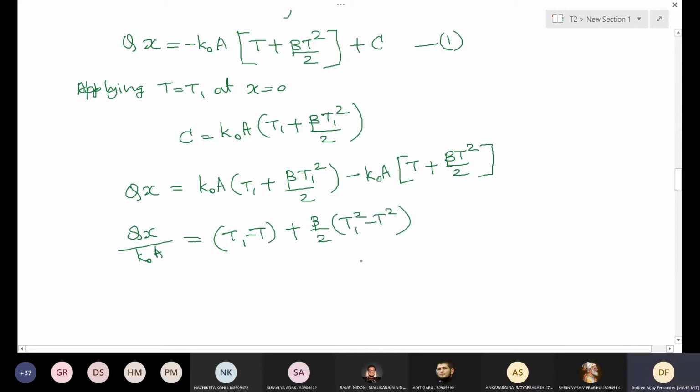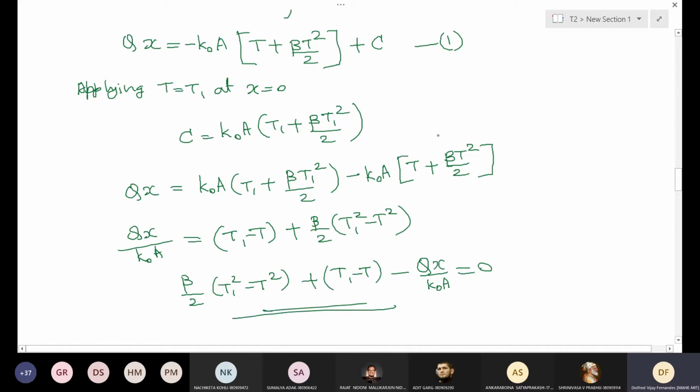Okay, so this is the equation of temperature distribution. Or if you want, you can simply write it the other way also: beta by 2 into T1 squared minus T squared, plus T1 minus T, then minus Qx divided by K0 equal to 0.